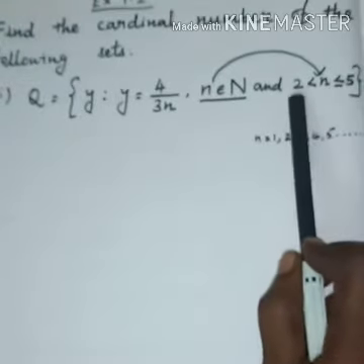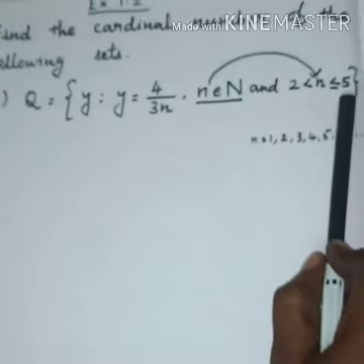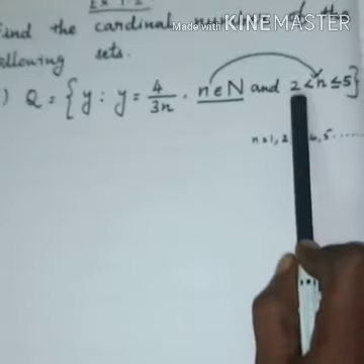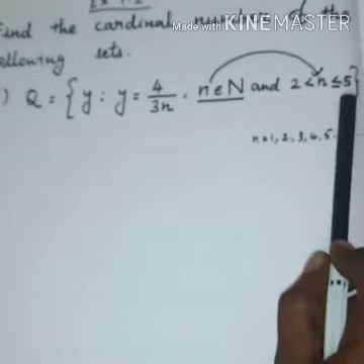So n lies between 2 and 5. So we take the values only between 2 and 5.